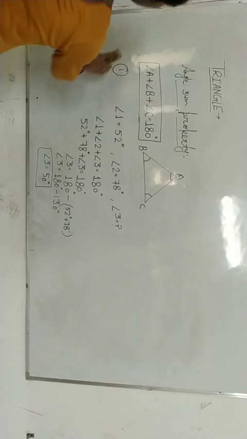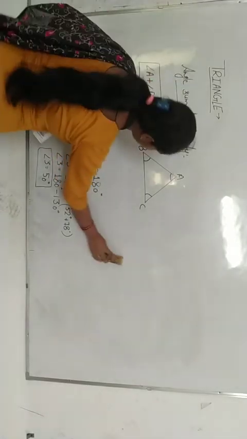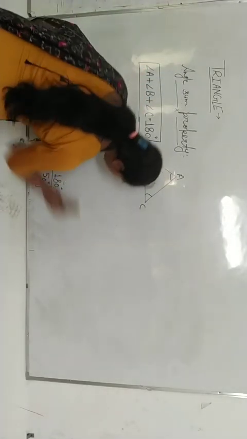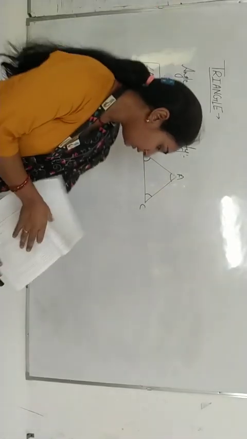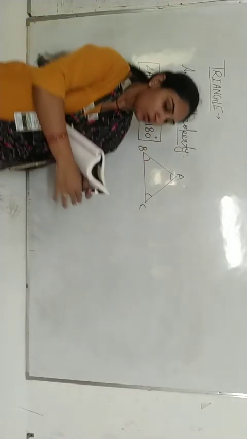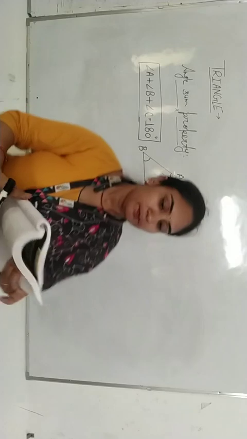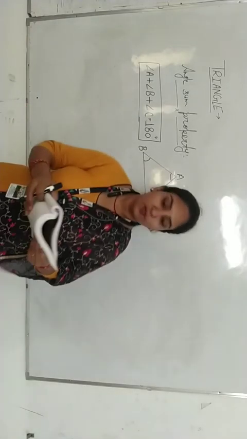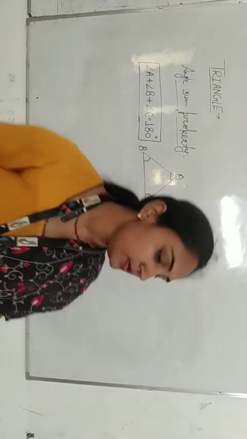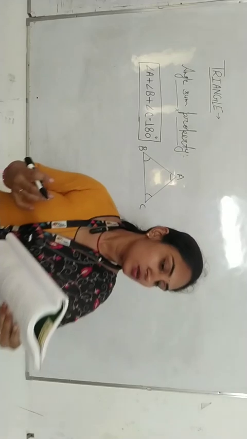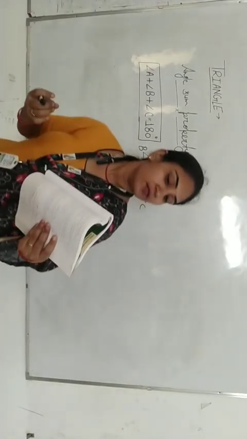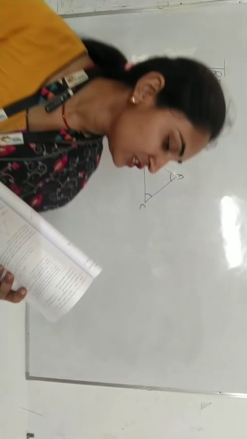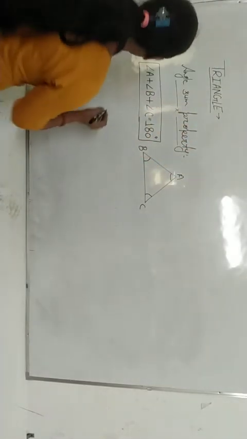Now the next example which is based on this property is: the acute angles of a right angle triangle are in the ratio of 4:5. This question is based on ratio. So we have the angles in the ratio 4:5, and we have to find out each of these angles.